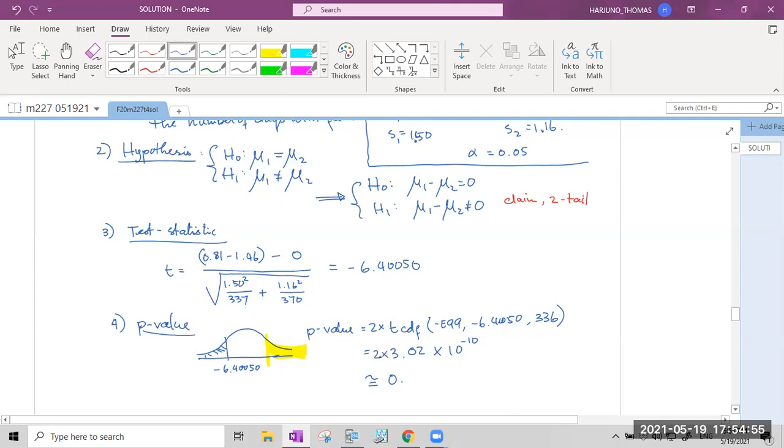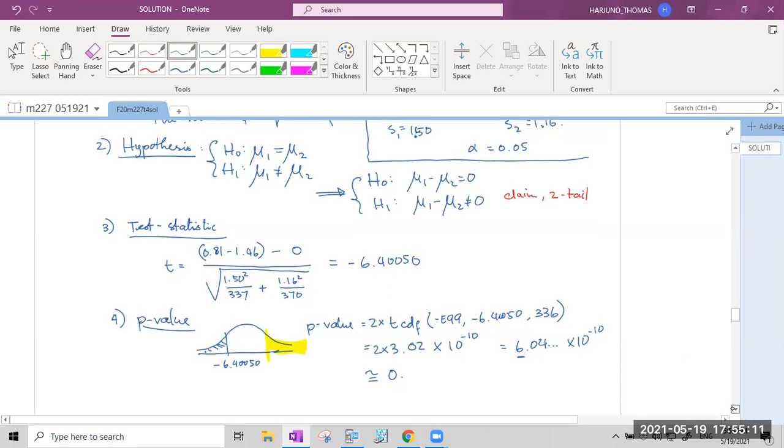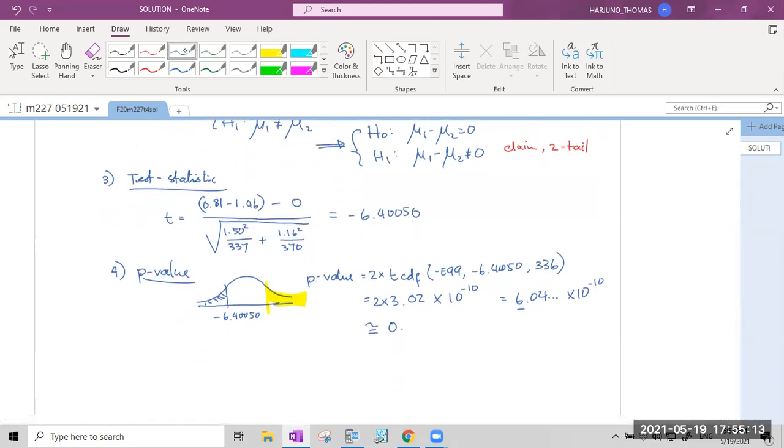But say 10 to the negative 10 means this is 6.04 something times 10 to the negative 10, right? It means the 6 here is at the 10th decimal place. That's very small. Okay, effectively 0.